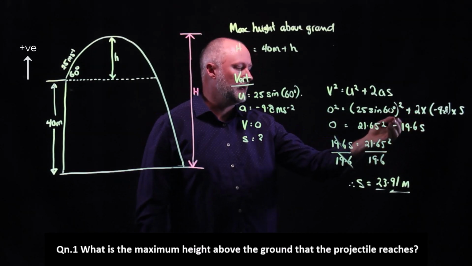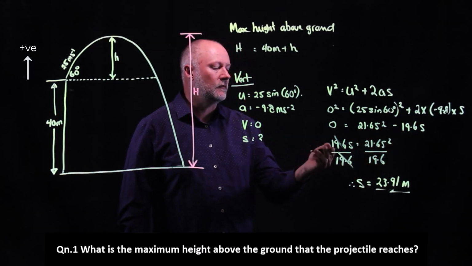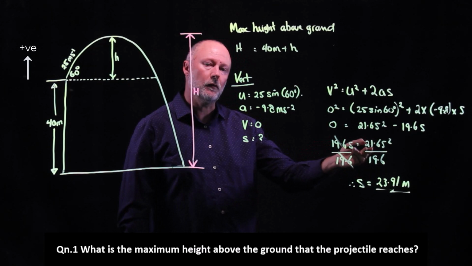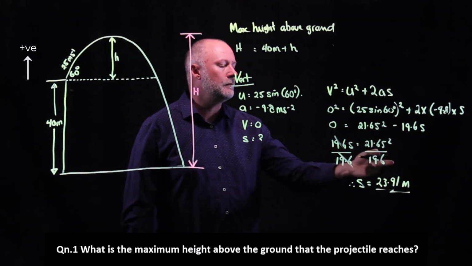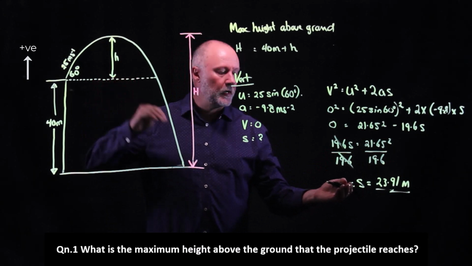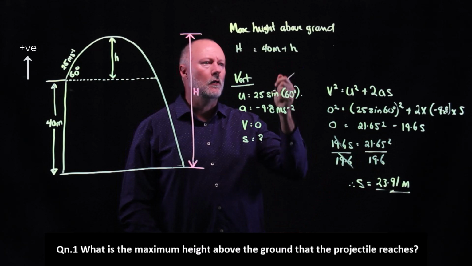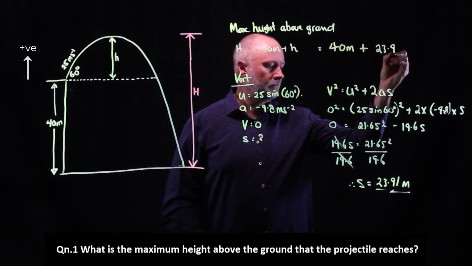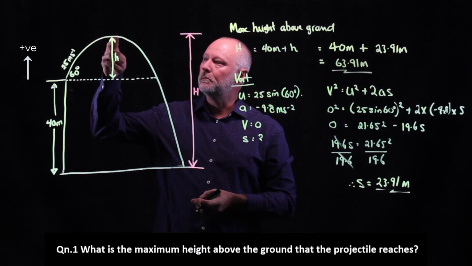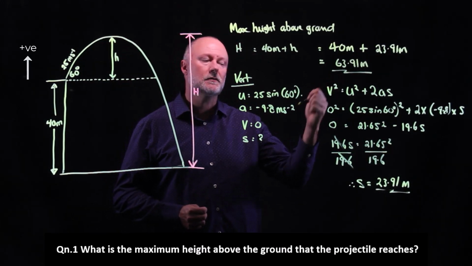The negative becomes our minus here. Then we're simply adding this across to the left-hand side. So I've got 19.6s equals 21.65 squared. Divide both sides by 19.6 and we find the displacement above this horizontal location to be 23.91 meters. So to find our final height, the ball will reach a maximum height above the ground of 63.91 meters.